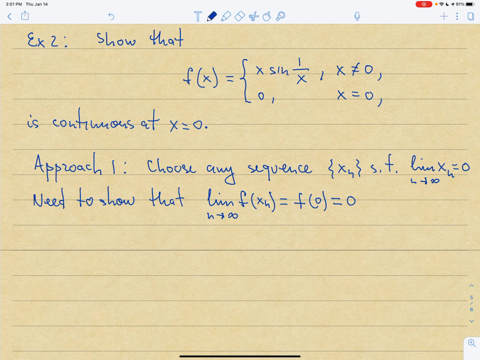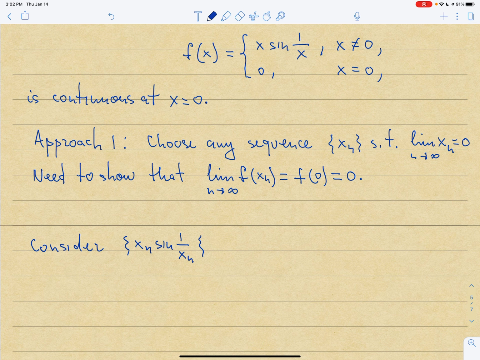All right. So what we're going to do is consider the sequence xn sine of 1 over xn. Right, that's my sequence of f of xn.